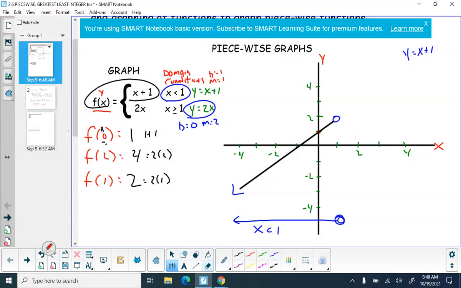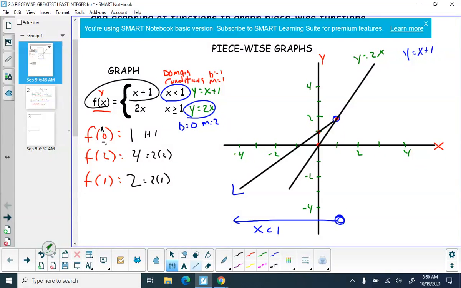So we start at 0, we go up and to the right 2. So here's your y equals 2x.